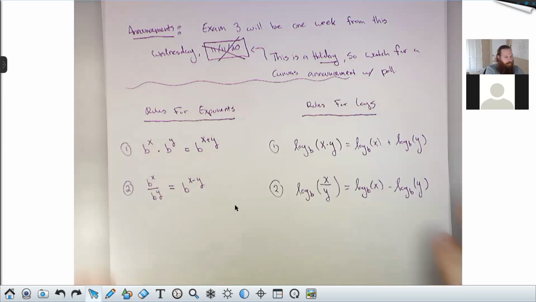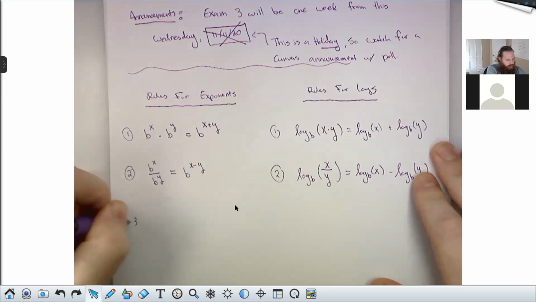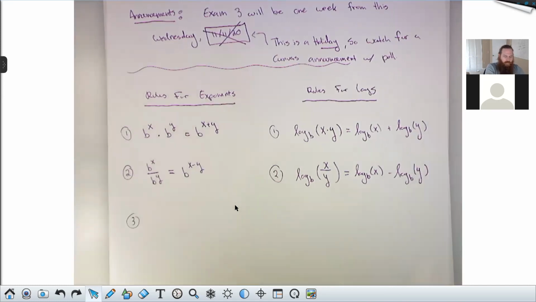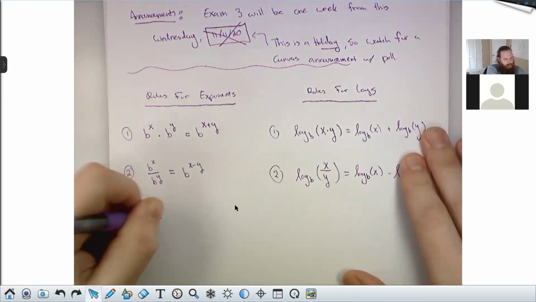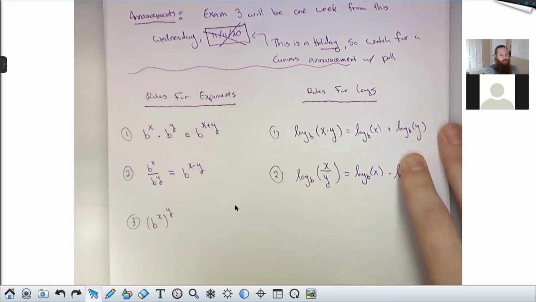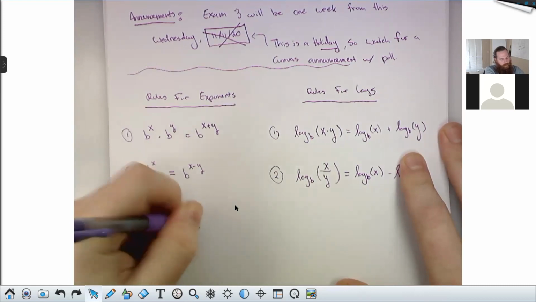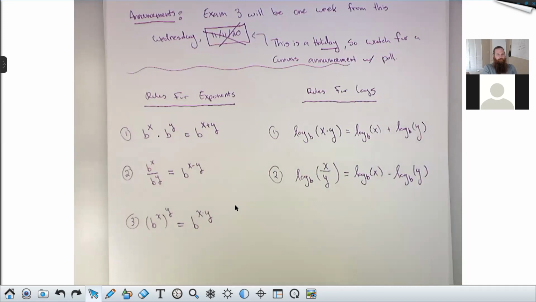The last kind of rule like this that we're going to get used to today is how you handle sort of consecutive powers. So if I wanted to take b to the x and raise that whole expression to the power of y, this is the same as taking b and raising it to the product of powers x times y.